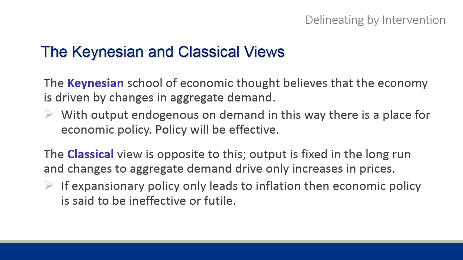The Keynesian school believes that the economy is driven by consumers, in other words, aggregate demand. So output is endogenous, it depends on demand in this way. Therefore, there is obviously a place for economic policy. We say that policy will be effective.